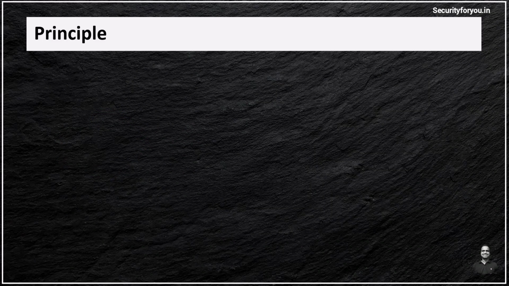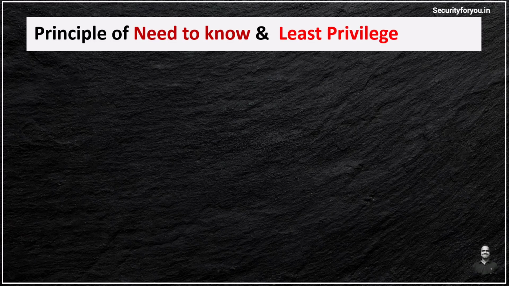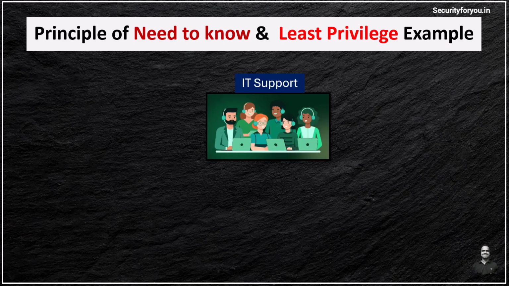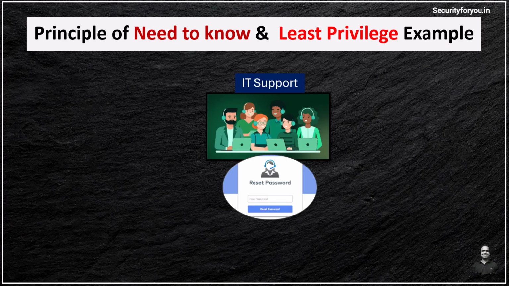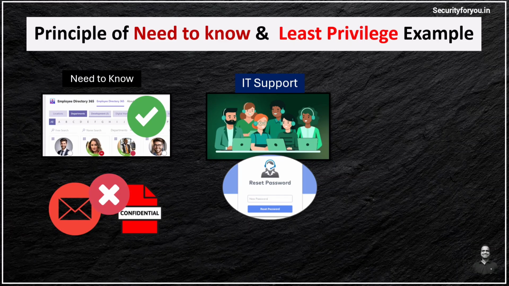Coming back to the topic, let's take a simple example that explains both principle of need to know and principle of least privilege. Suppose you work in the IT support team and your job is to reset passwords for employees. Based on need to know, you only need access to the employee directory, not their email inbox or confidential files, right?